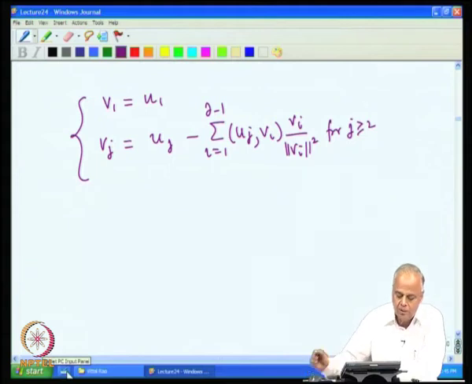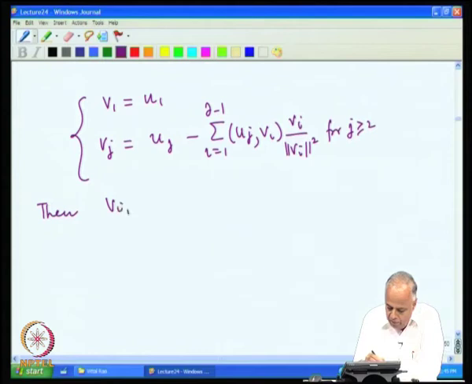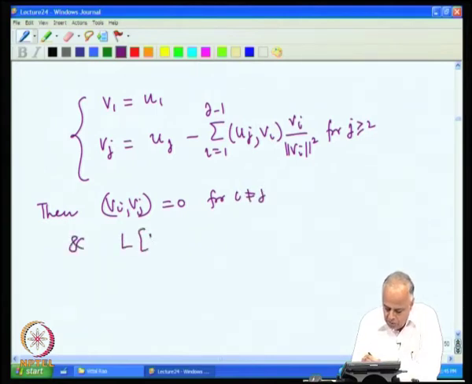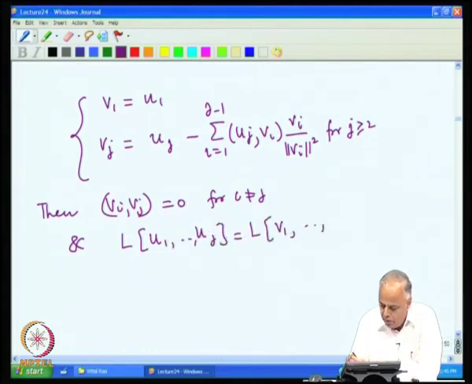At the rth stage we then get the inner product of vi and vj equal to 0 for i not equal to j, and the subspace spanned by u1, u2, ..., uj is equal to the subspace spanned by v1, v2, ..., vj, and this is true for any j between 1 and r.